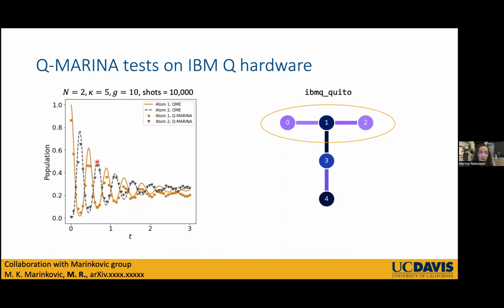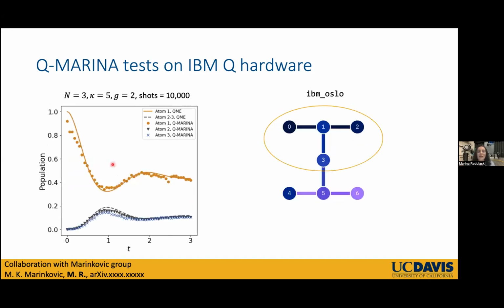The gray line, the data for the second atom, matches a bit better than the first atom. For the first atom, we get a systematic drop in the overall amplitude, but the pattern is maintained. So we have the oscillations at the right frequency. We're still trying to understand why this is so. If you have any ideas, please shoot, because we think it could be device or qubit dependent.